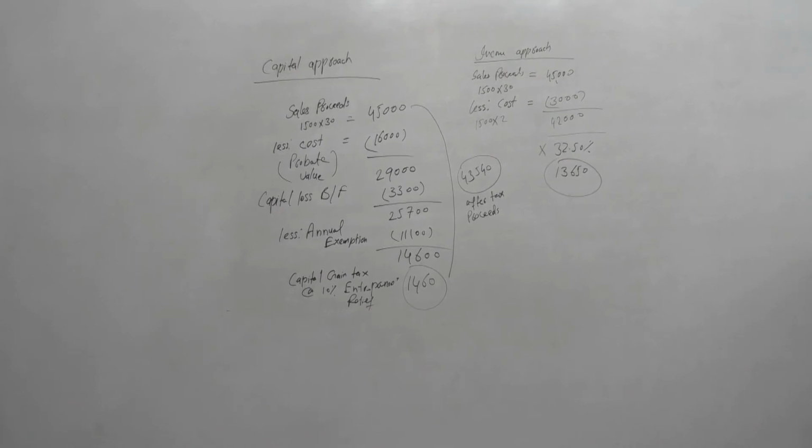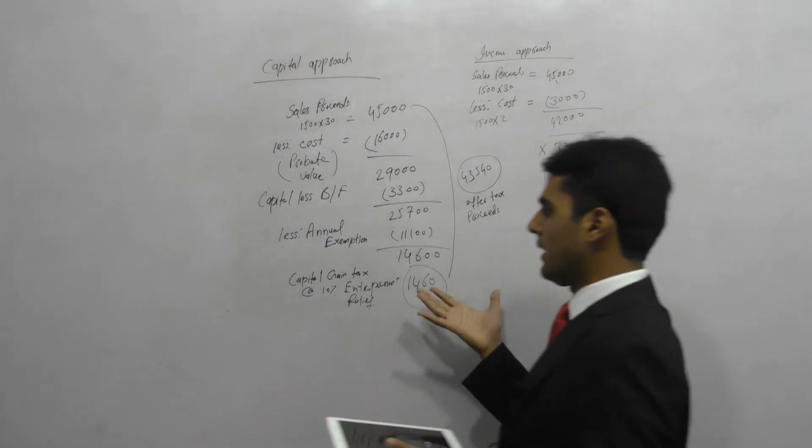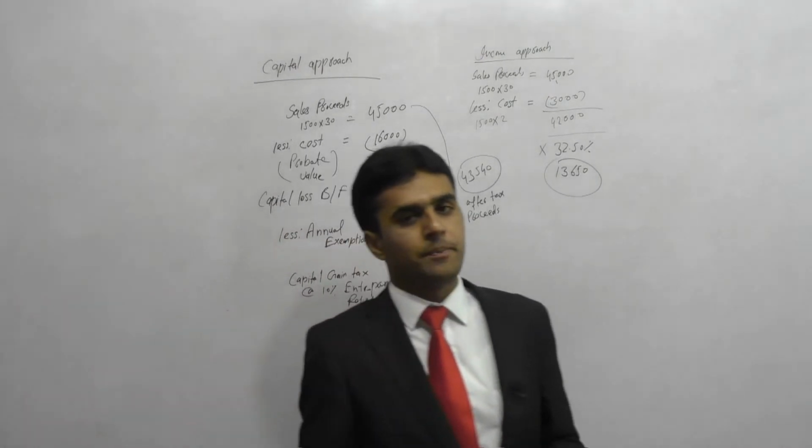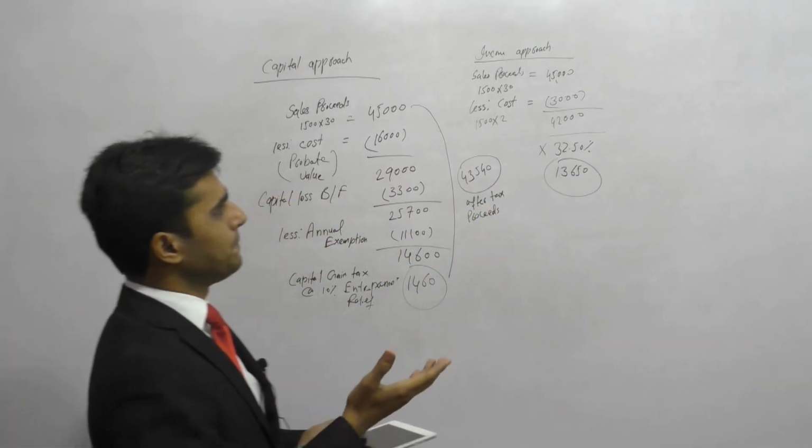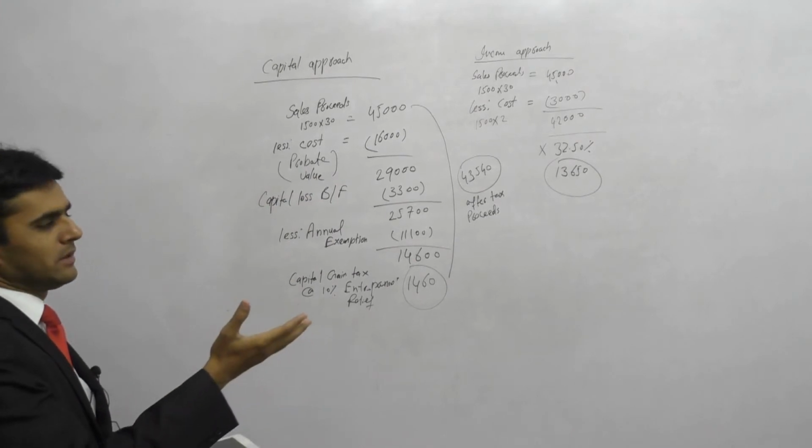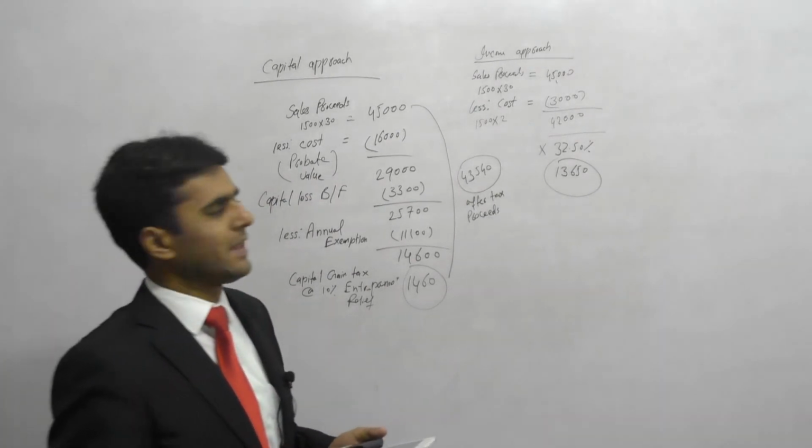Right? Now another thing as well, if we consider the capital gains tax under the income approach, because there are two things under the income approach. One is the income tax, another one is capital gains tax as well.